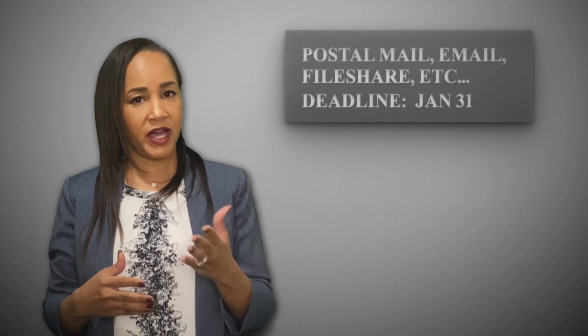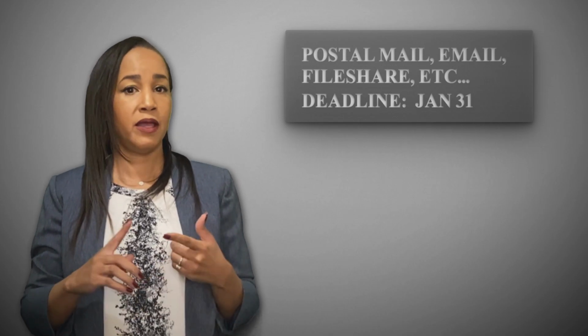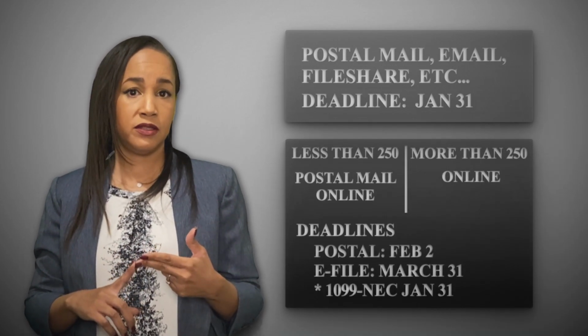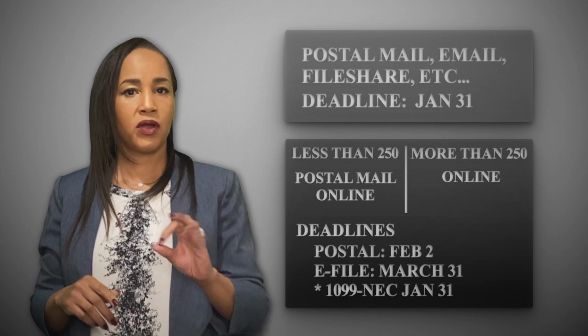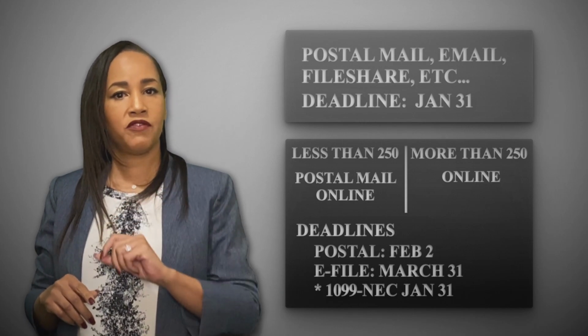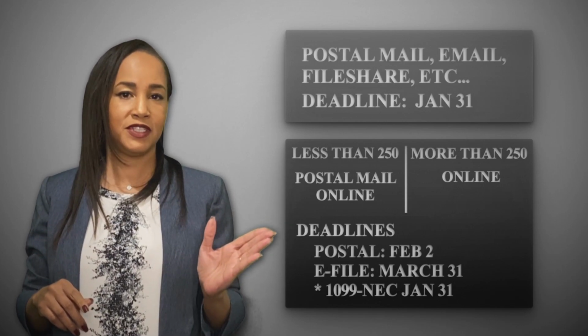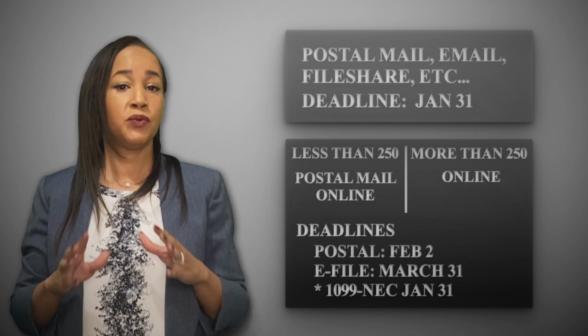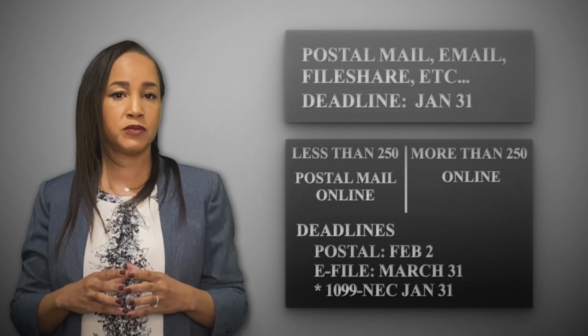To the IRS, or filing with IRS, you can do by postal mail or electronically. Those are your two options. Now, if you are going to file by postal mail, you can only do so if you are filing less than 250 1099s. You are going to have to order the forms from the IRS.